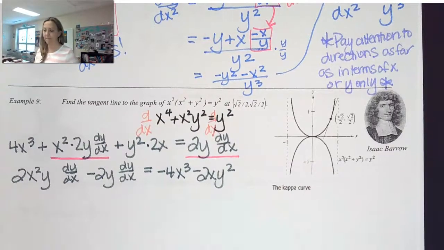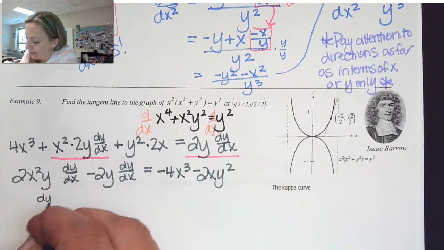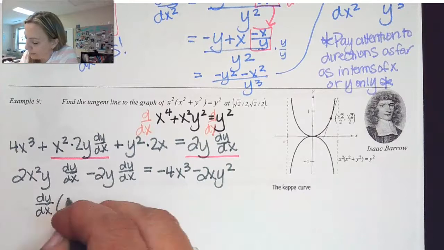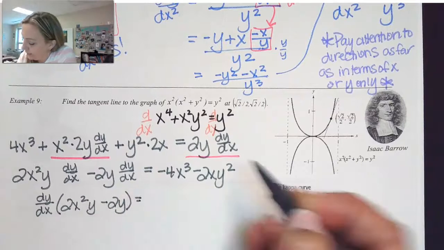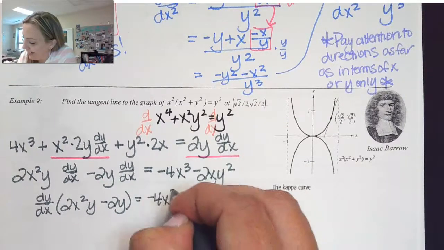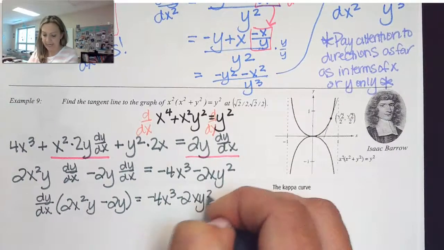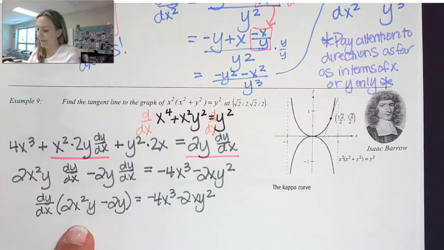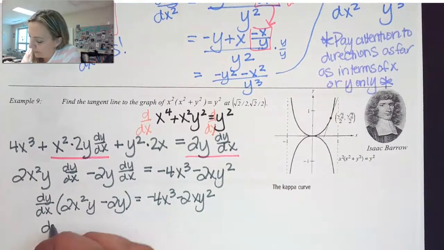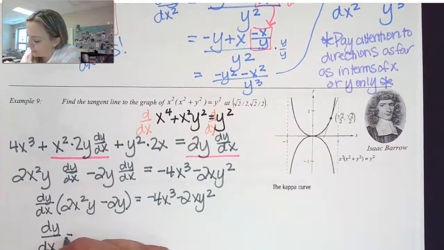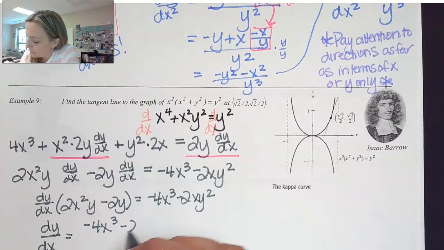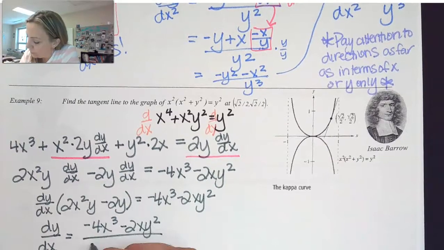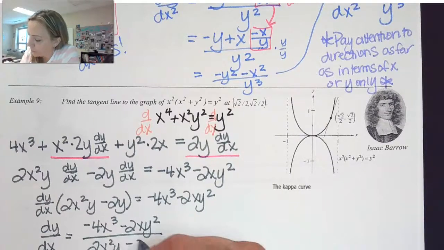Then I can factor out dy/dx, and I have 2x squared y minus 2y. And then I can divide by 2x squared y minus 2y, and that's my dy/dx. So negative 4x cubed minus 2xy squared all over 2x squared y minus 2y.